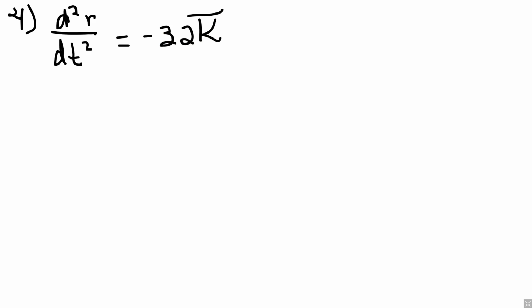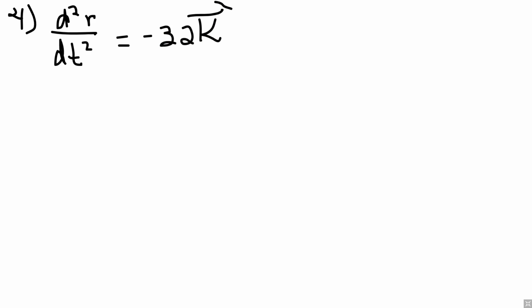So for number 4, we're starting off with the differential equation. We've got d squared r dt squared is equal to negative 32k.